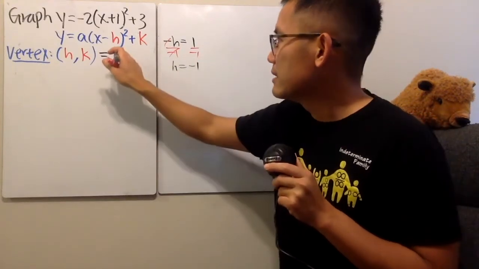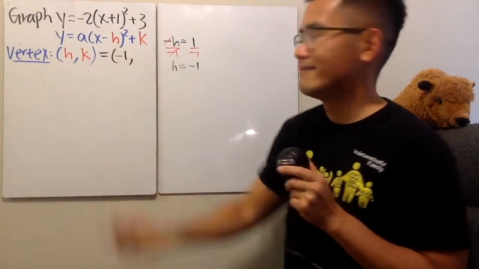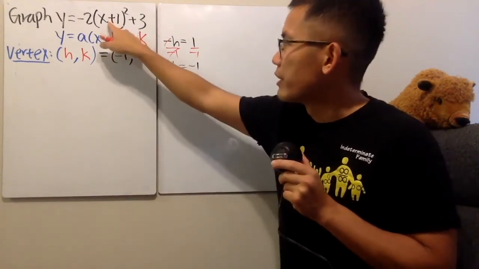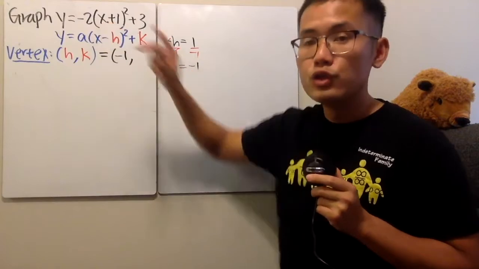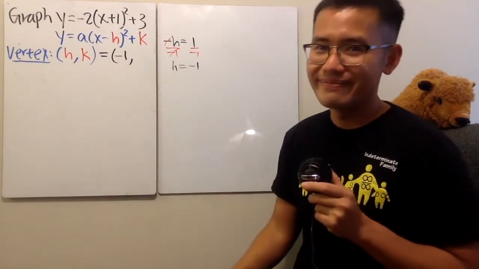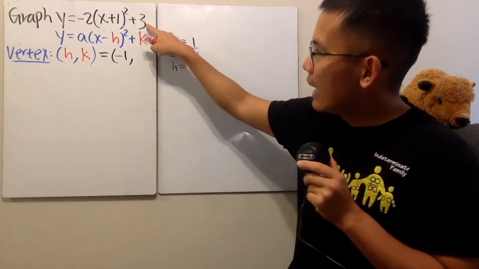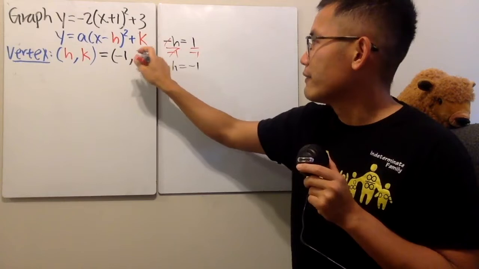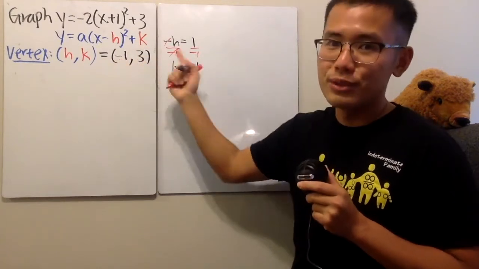So our vertex is actually at negative 1. A quick way to do it is if you look at the number right here, x plus 1. Just always do the opposite for the h. So that's pretty much it. Now for the k number, it's just 3 is equal to k. So just 3. So we have the vertex negative 1, 3, like that.